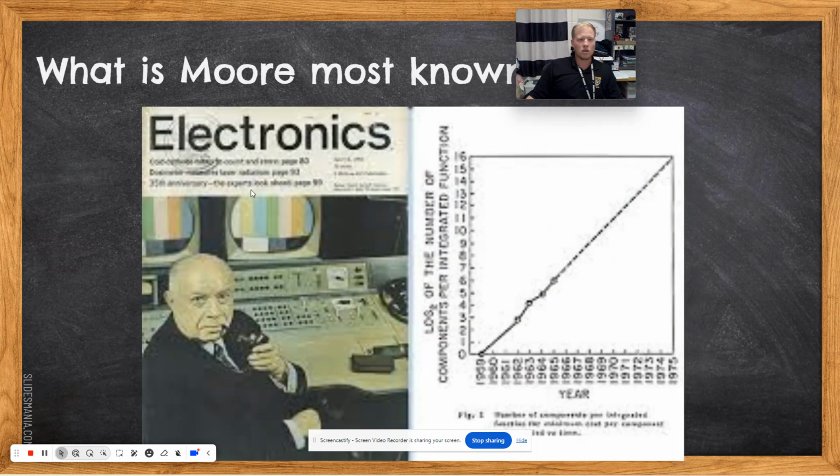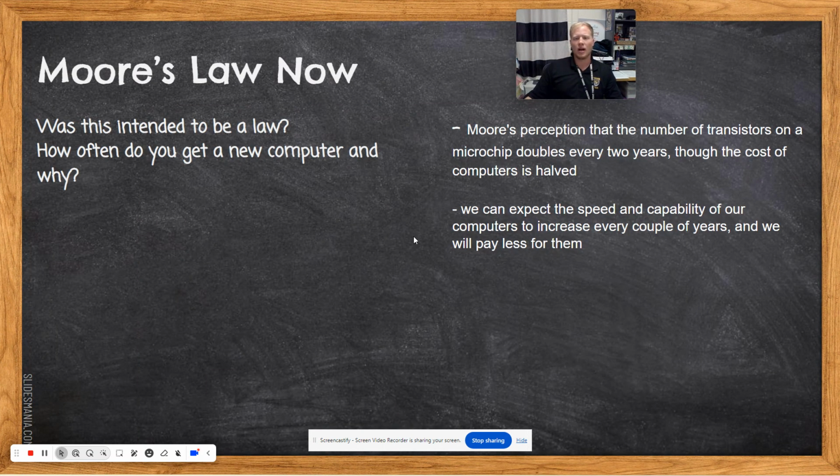All right, Moore's Law was first published. He's really well known for Moore's Law. Aside from co-founding Intel, he's really well known for Moore's Law, which was published in the 1965 edition of Electronics magazine. He didn't do it on purpose, it wasn't intentional, but they asked him what he thought was going to happen over the next few years.